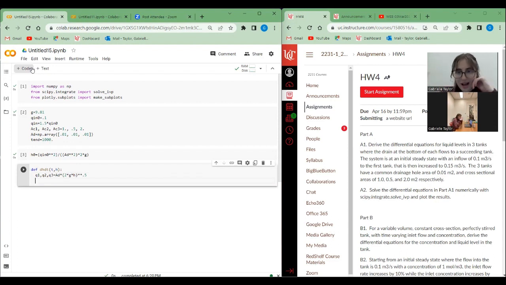Okay, so now we know what's going out, so we just have to subtract what's coming in from what's going out, and then divide it by our cross-sectional area. So this is what we want to return.